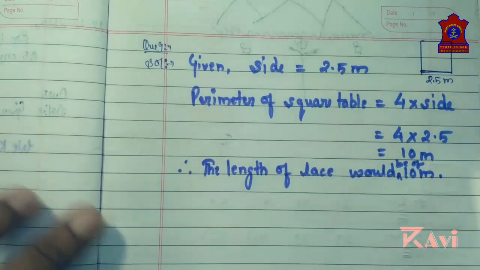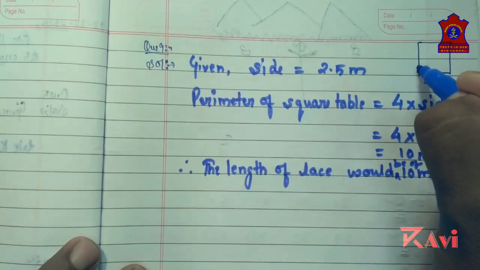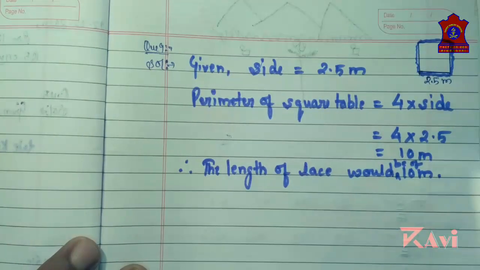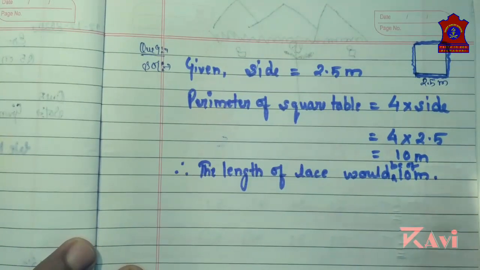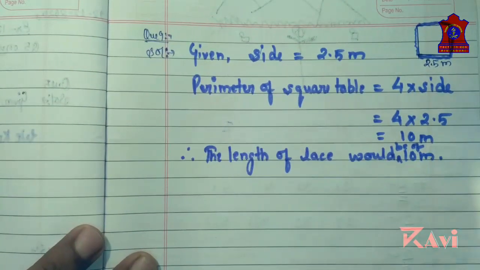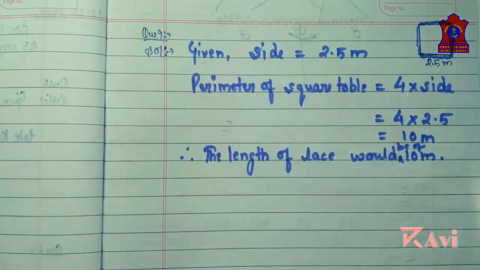Okay, see, around it you have to put a lace, and the question is asking what is the length of lace required. Length of lace must be equal to the perimeter of the table. Okay, so you will be writing your answer in this manner.